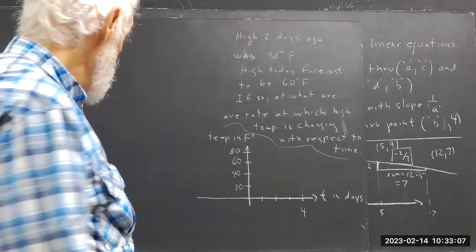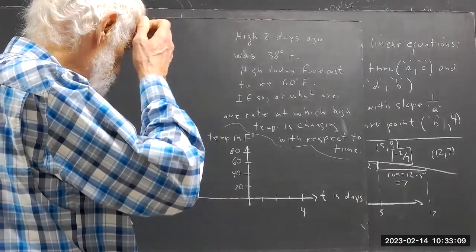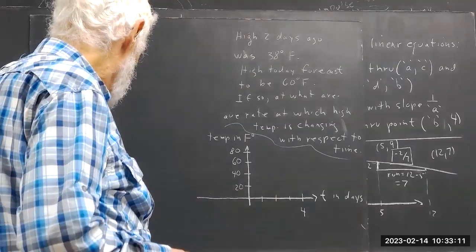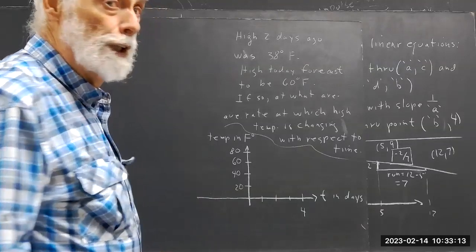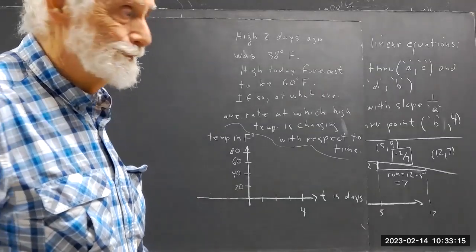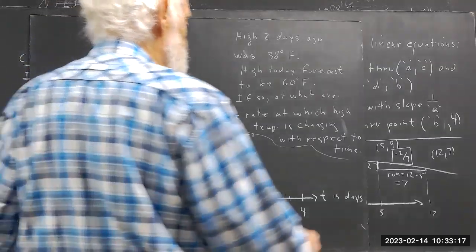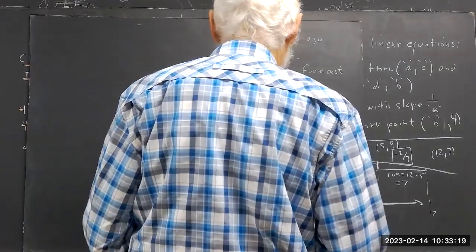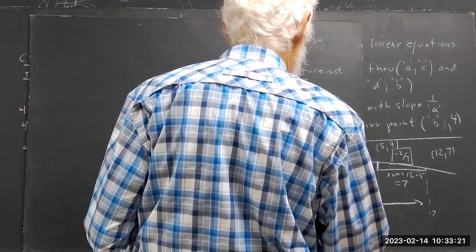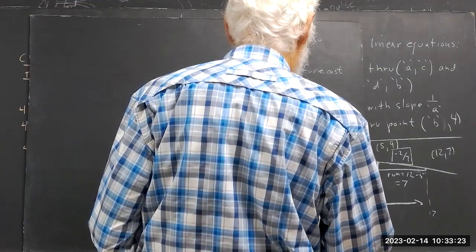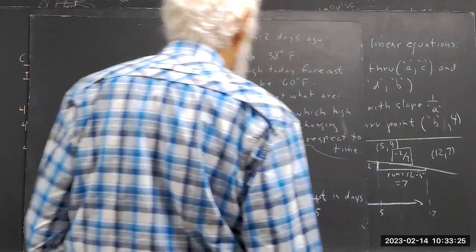So I'm going to do it a different way. I'm going to say Sunday was day 2. Actually, I'll extend my t-axis just a little bit and put 5 there.